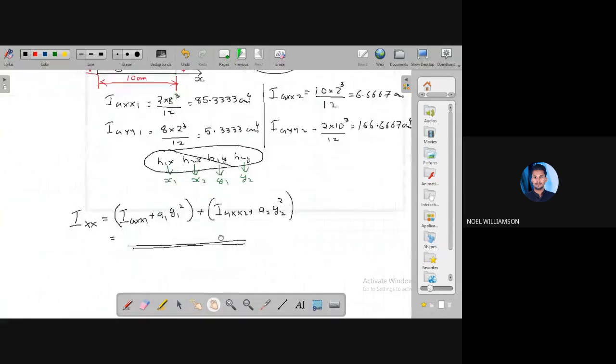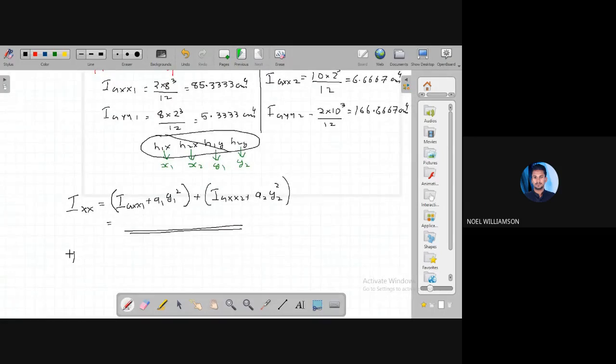കണ്ടുപിടിക്കാം. Similarly for y-axis, that is moment of inertia about the y-axis will be equal to Igyy1 plus A1 into X1 square plus IgYY2 plus A2 X2 square, and substitute these values and you will find the final answer.